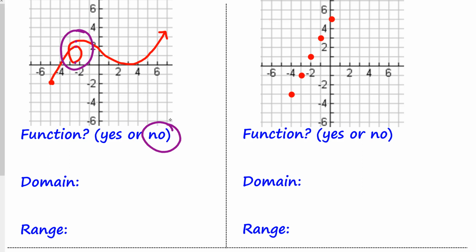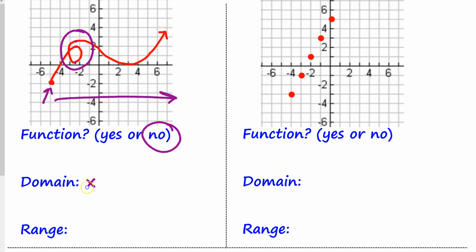Now, even though it's not a function, it still has a domain and a range because every relation has a domain and range. So remember, the domain is the set of inputs. So graphically, we often think of it as the set of x values. Notice that this graph goes through all the x values from x equals -5 and on to the right.